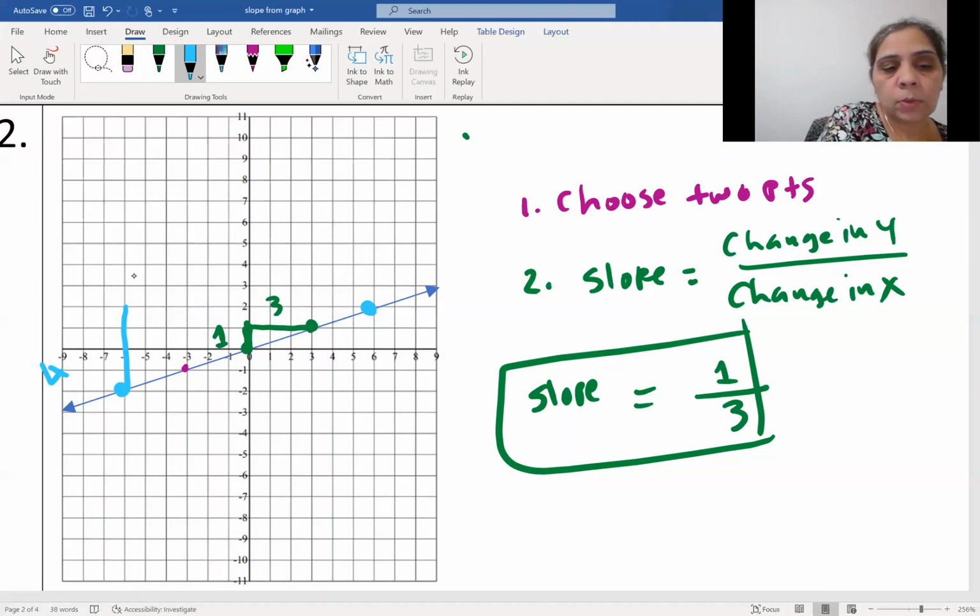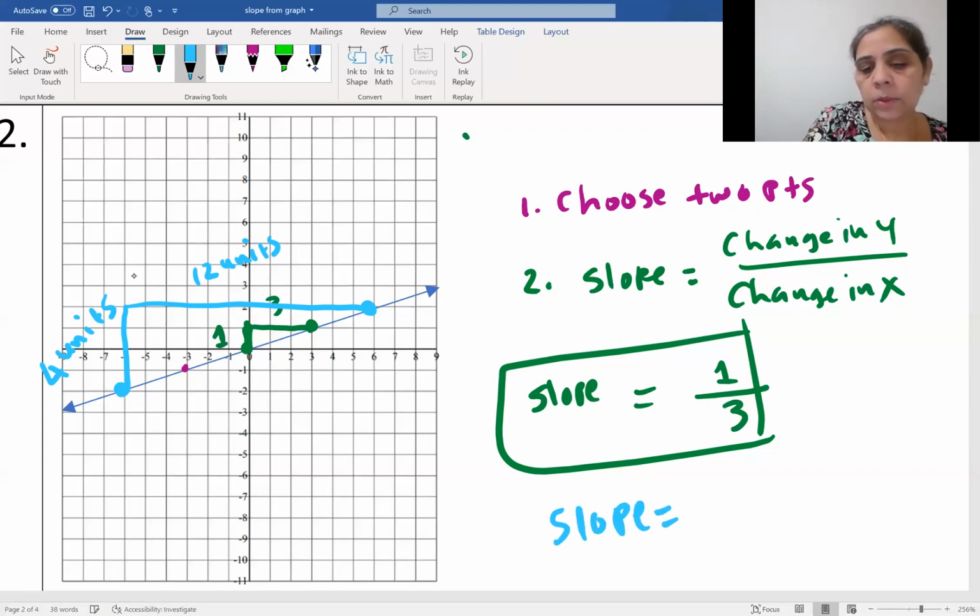Then you move right hand side how many units? 1, 2, 3, 4, 5, 6, 7, 8, 9, 10, 11, 12. So that's 12 units. So here you can say slope is change in y, positive 4, over change in x, 12.